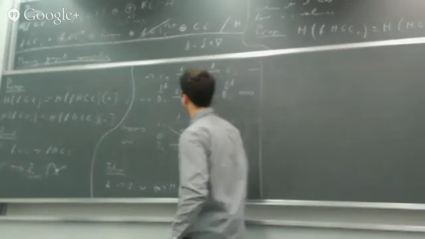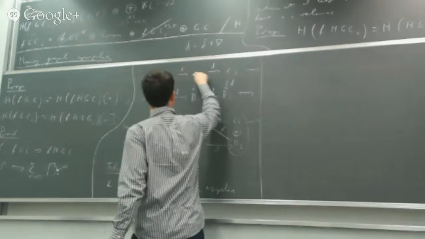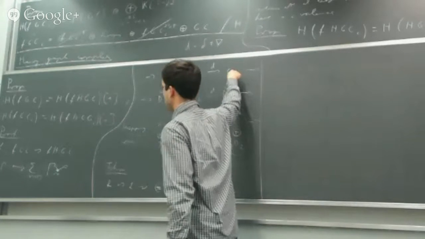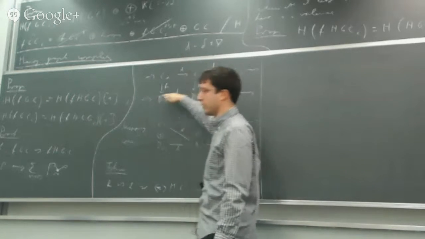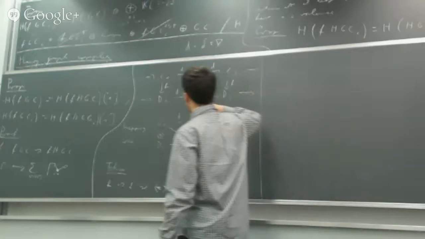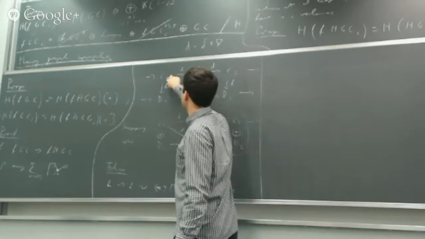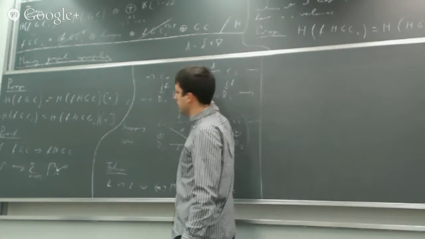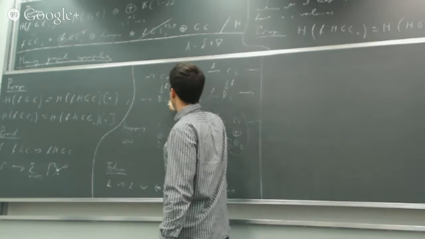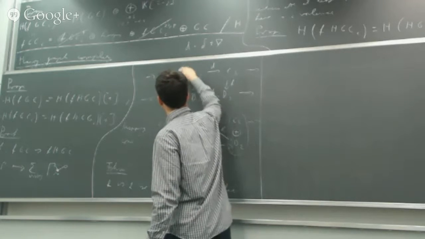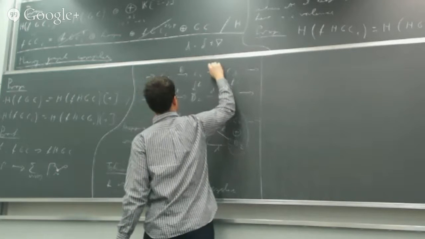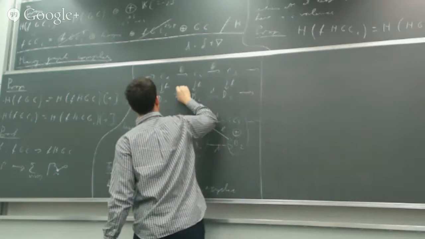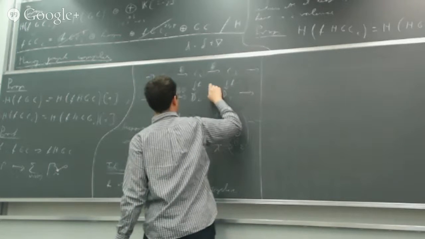Okay, so now let's imagine that these are graph complexes and these are hairy graph complexes. And D here is the standard delta, and D here was the standard delta plus this big delta.